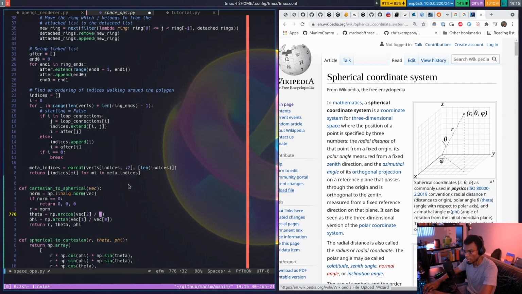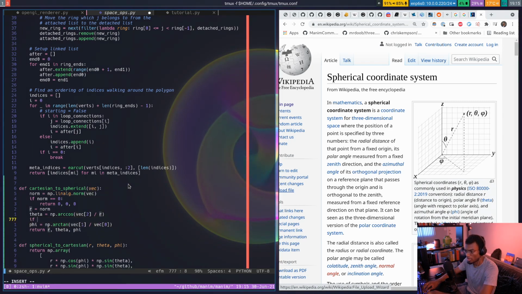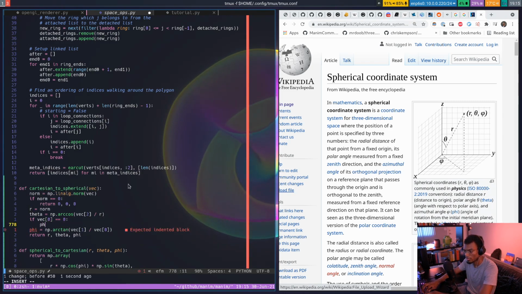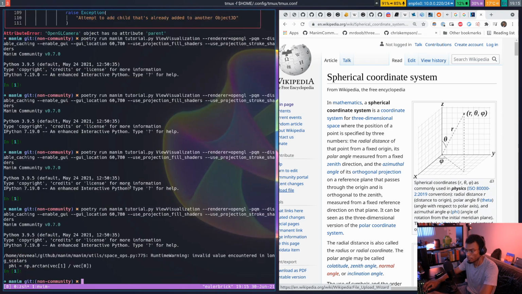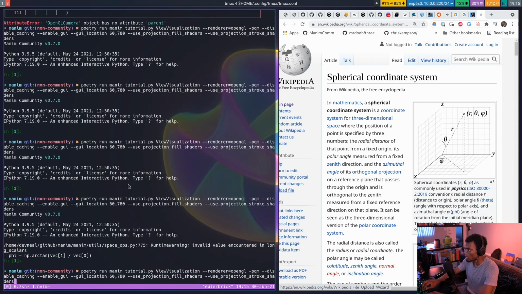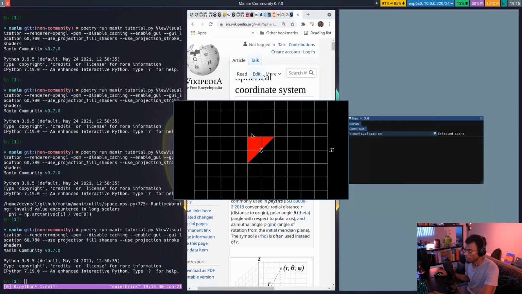Now I have the norm, so I can divide by this safely. Then x equals 0 for phi. So let's see, if vec at 0 is 0, and phi is, I'll just put it at 0. So let's see if that works any better.